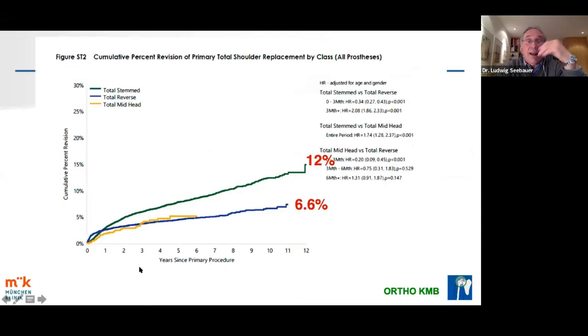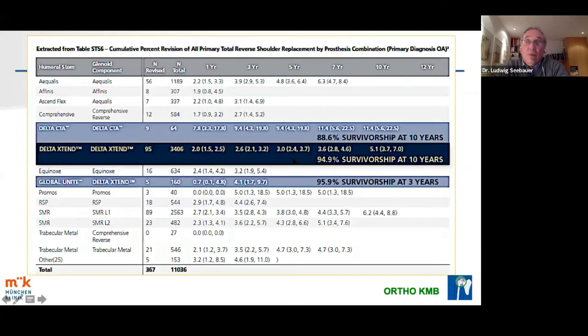And that is also to see in the Australian register, showing that after a 10 year period, the reverse arthroplasty has a lower complication and revision rate than an anatomic stemmed arthroplasty. That halves the complication rate. And it has shown that one specific arthroplasty has shown really a brilliant survivorship after 10-year follow-up.